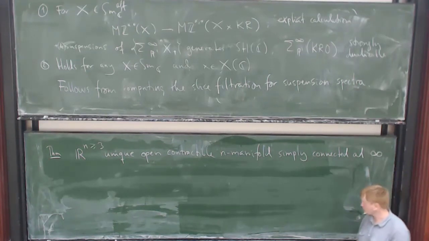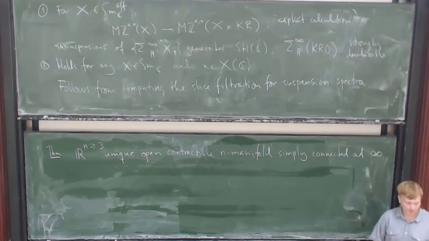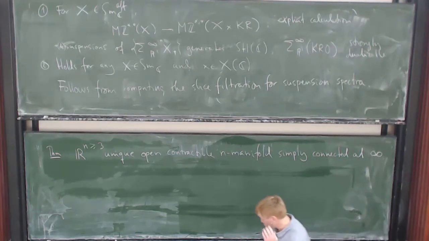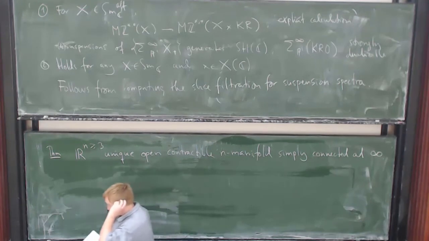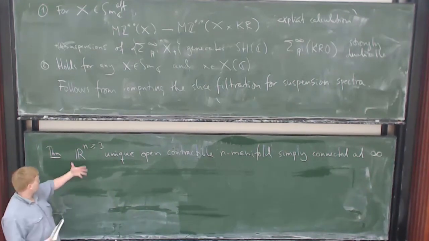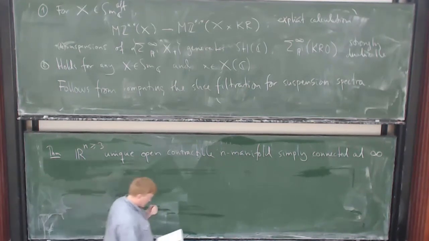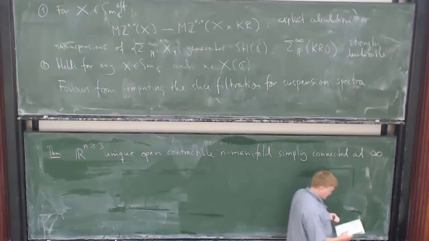Simply connected at infinity has to do with proper homotopy theory. It basically means that every loop that's far away from a small subspace of R^n can be contracted. That's intuitively what that means.